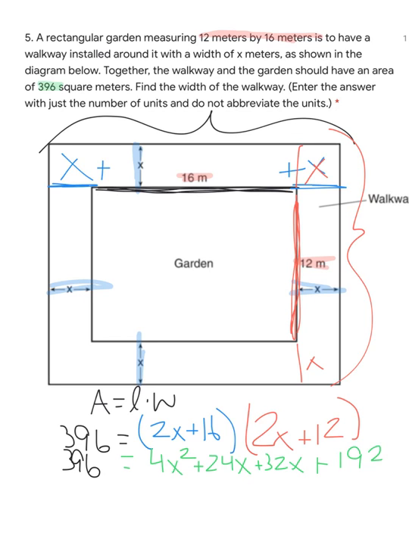So we'll combine the like terms, and we're going to be left with 396 equals 4x squared plus 56x plus 192.